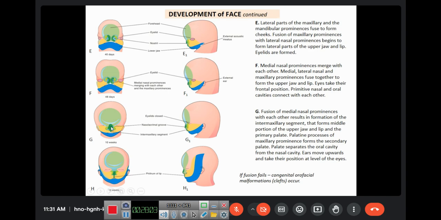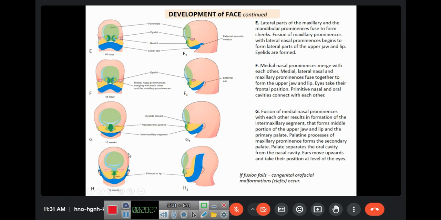And also this part will form the mid portion of the nose of the embryo. The palatine processes of the maxillary prominence form the secondary palate, not seen in these pictures. And the palate will separate the oral cavity from the nasal cavity.